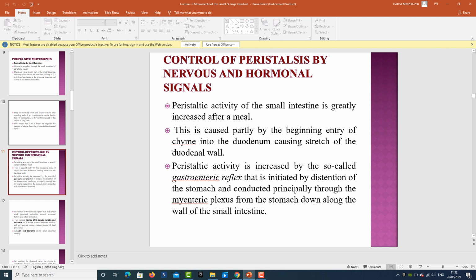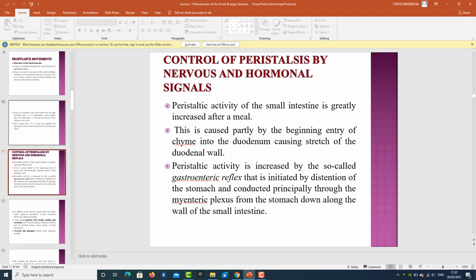Control of peristalsis by nervous and hormonal signals. Peristaltic activity of the small intestine is greatly increased after a meal. This is caused partly by the entry of chyme into the duodenum, causing stretch of the duodenal wall.